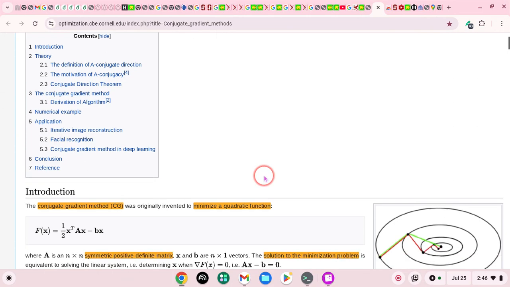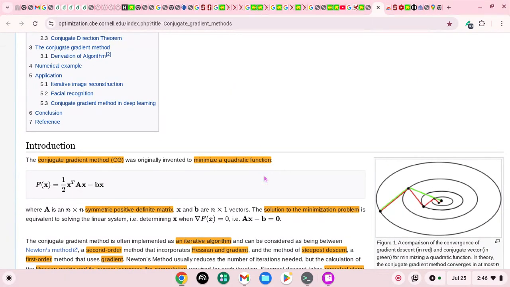So this conjugate gradient method was originally invented to minimize the quadratic function f(x) equal to half x transpose Ax minus b x, and the assumption to apply the conjugate gradient method is that matrix A is symmetric and positive definite. So we all know that for a quadratic problem the solution is unique, and the minimal solution lies where the gradient of that function equals 0. This ends up in the linear equation Ax minus b equal to 0.